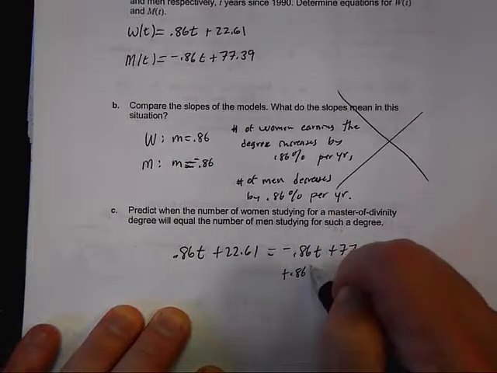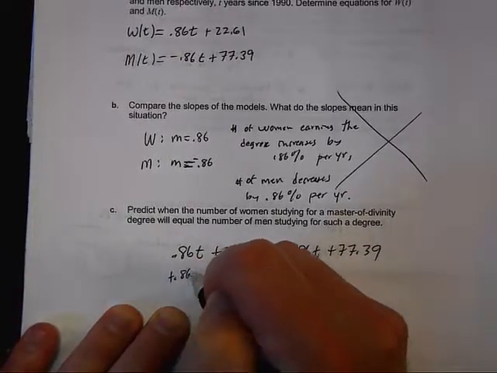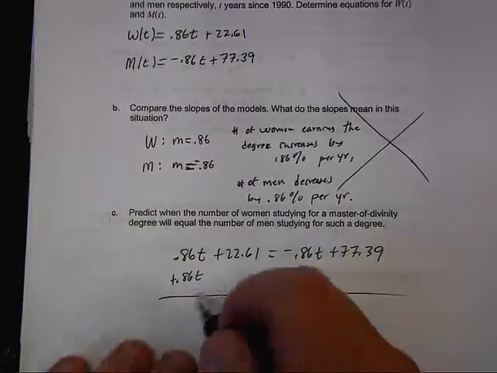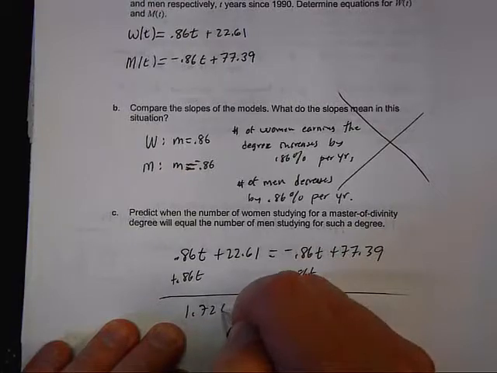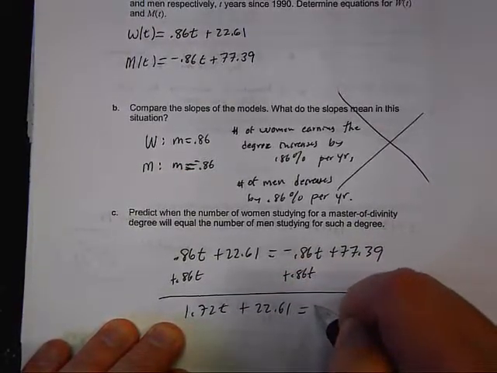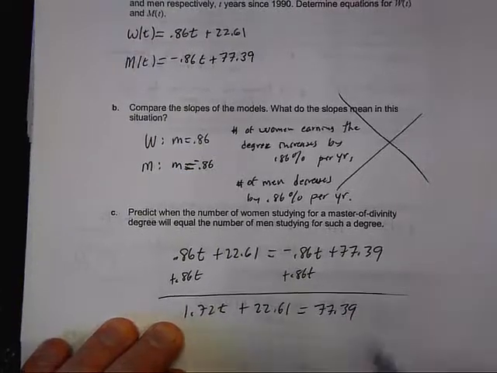Add the 0.86t to both sides. 0.86 plus 0.86 is 1.72t plus 22.61 equals 77.39.